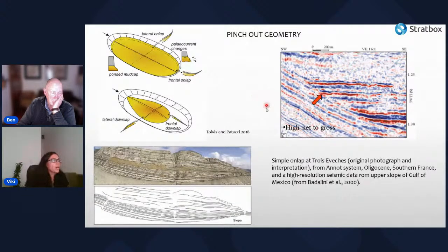So in here we have a very high net to gross system. This is seismic data from upper slope of Gulf of Mexico. This is the on-lap surface in here. And we can notice that these reflectors here are quite parallel all the way towards the on-lap surface.